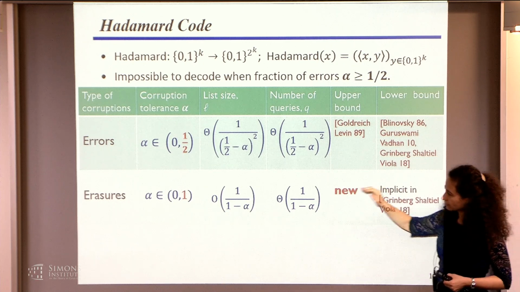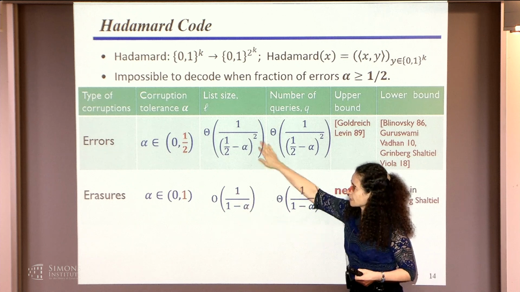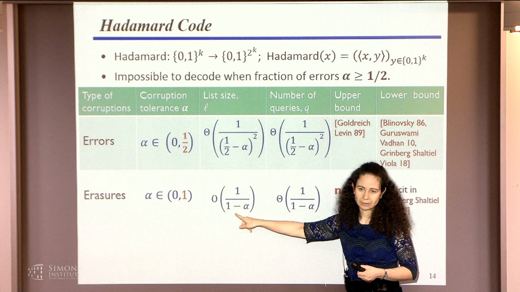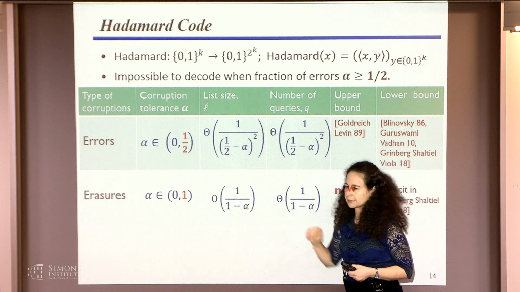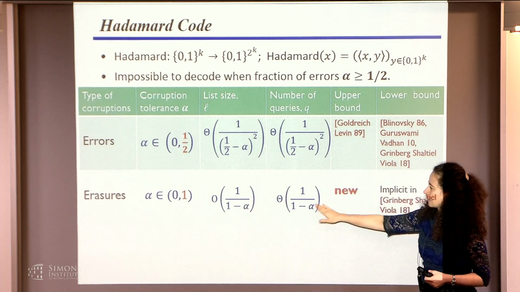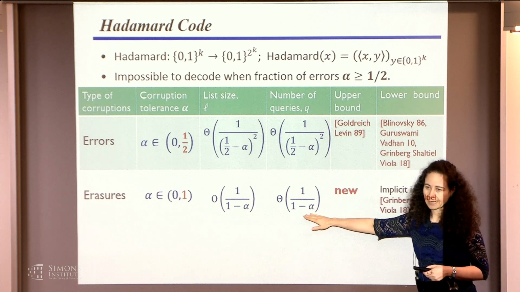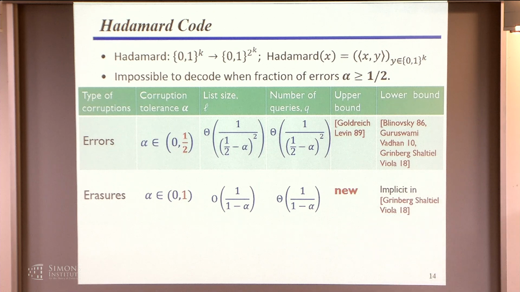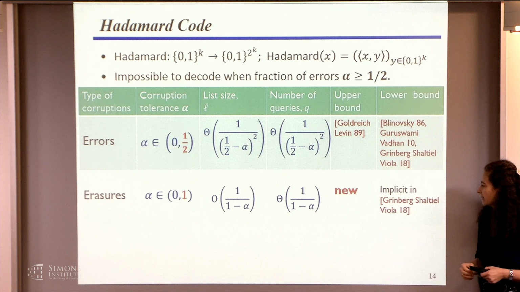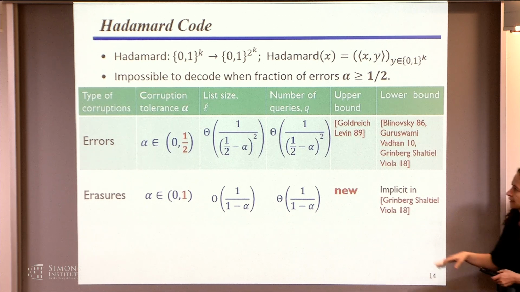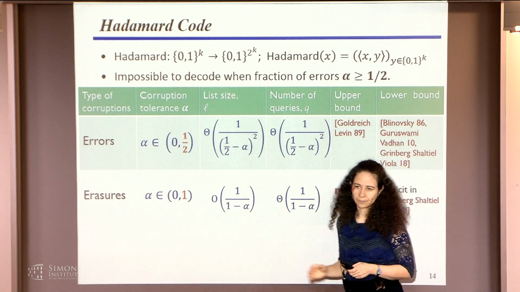Here the difference is that we don't have the square, and this is also how close we are to the threshold, the bound with which we can still decode. And the same bound holds for queries. It turns out that the number of queries is actually tight, and it's implicit in the recent paper by Greenberg, Chatiel, and Viola. But for the list size, we're not sure if it's tight.